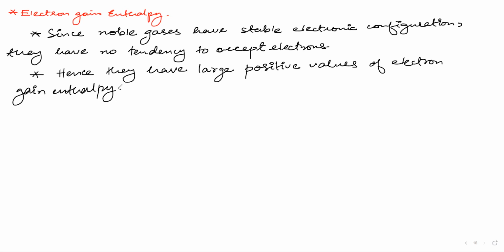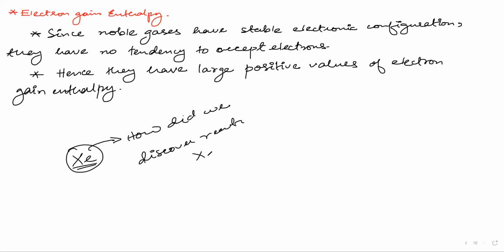Now chemical properties are remaining. We will learn chemical properties in the next class, and it is not much. Xenon is the only one which makes compounds, and there is a bit of history. Initially they would have all expected that these don't form any molecules. So how did we discover the reactivity of xenon?